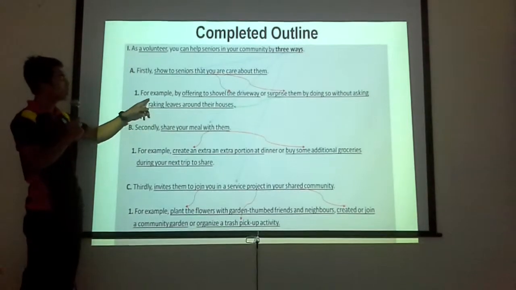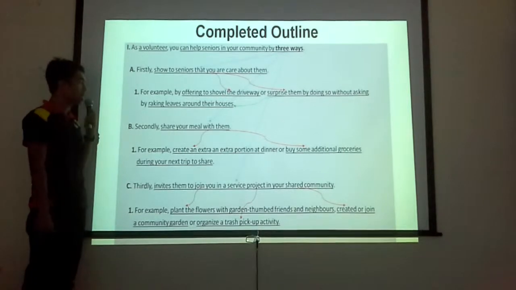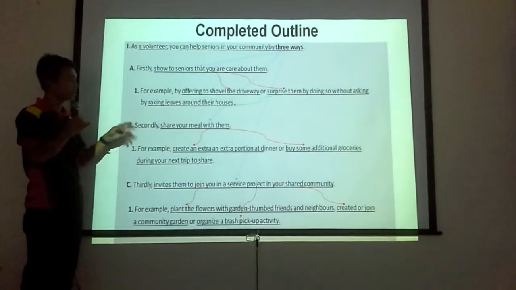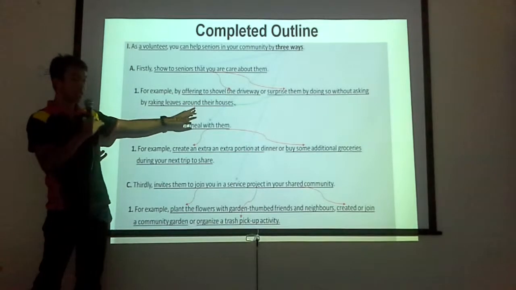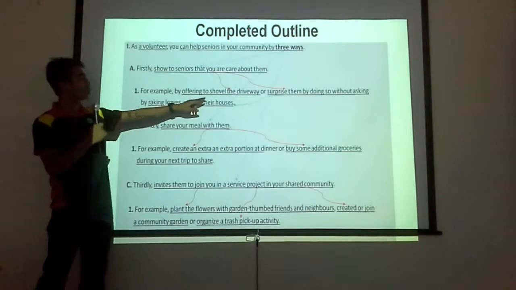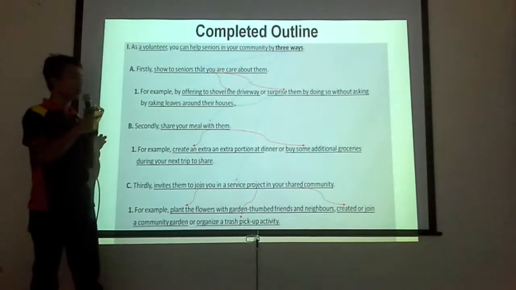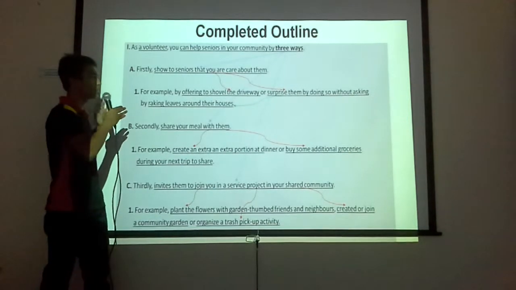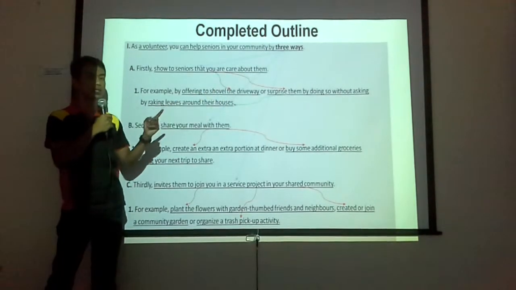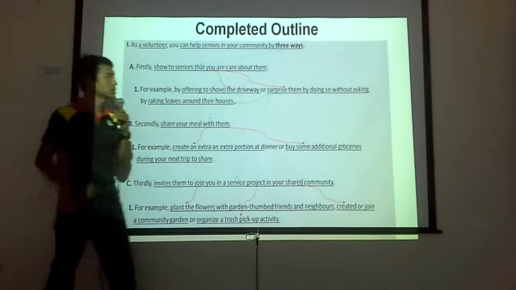Because of the words, for example, by offering to shovel the driveway, or surprise them by doing so without asking, by raking leaves around their house. Okay. This supporting point, I can make 2 sub-supporting points. Why? By offering to shovel the driveway, and you look at the word "or", it separates your first sentence and the second sentence. The first sentence is offering to shovel the driveway.